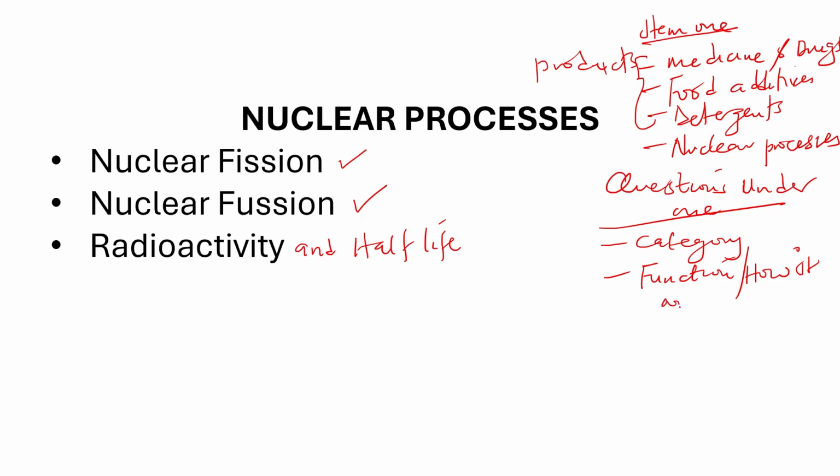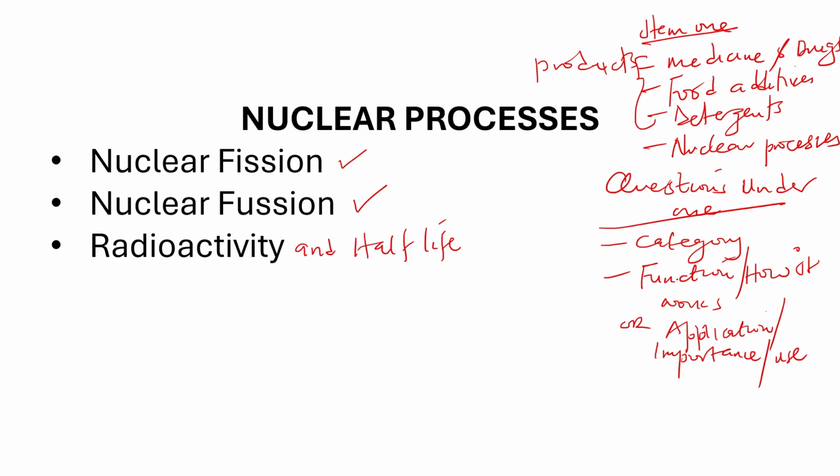So how it works. Now, how it works is different from when they say state the application or the importance or actually the use. So when they say state the use, it is different from the function if you are dealing with nuclear processes.